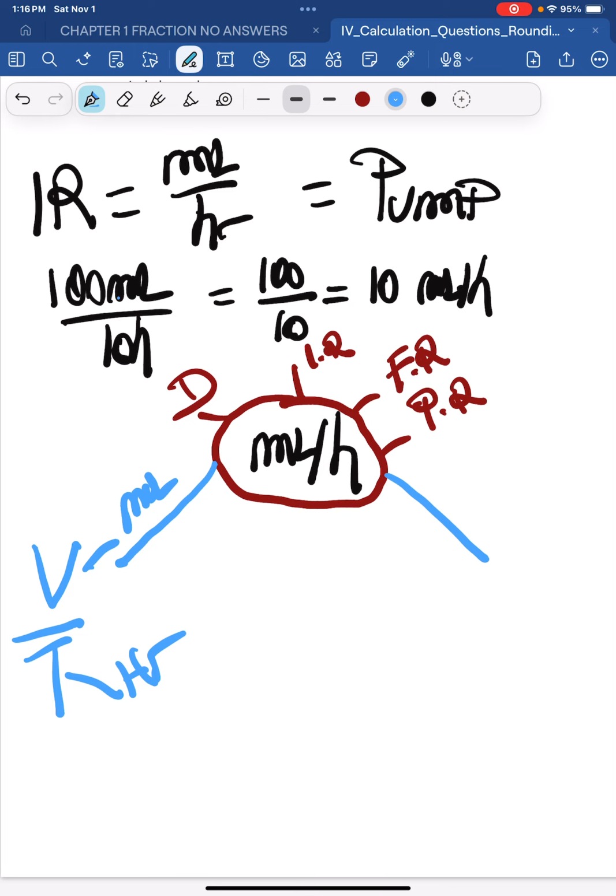If you cannot use volume over time, if you don't see the time, well, it means you will use your dosage formula to solve for milliliter per hour by doing order divided by available times quantity. All right. So if in any exercise they don't give you time, you know you will use your dosage calculation. Read the question carefully, because the first thing for you to do is to identify your available and your quantity.